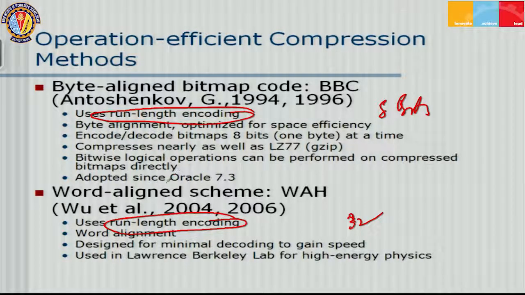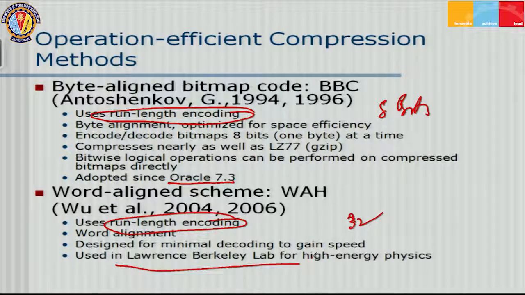Any version of Oracle after 7.3 uses BBC, and word aligned WAH is used at the Lawrence Berkeley lab for high energy physics related experiments. So you can see these two encoding schemes are based on run length encoding. But in this course, we are not going to talk in detail about these two methods. If you have understood run length encoding, these are pretty straightforward.